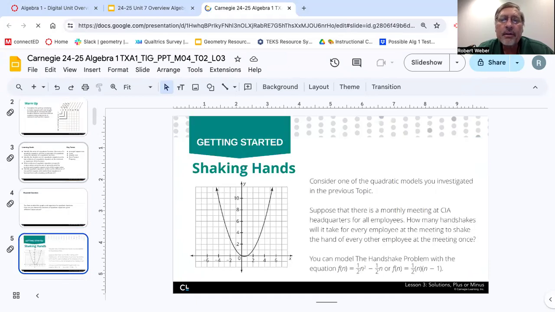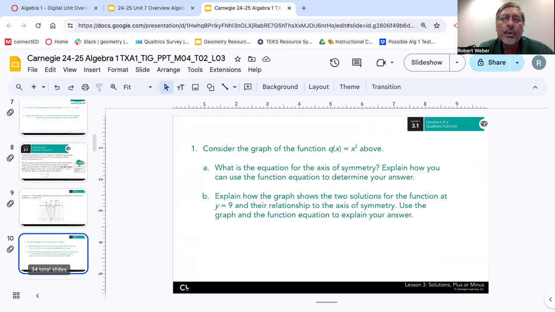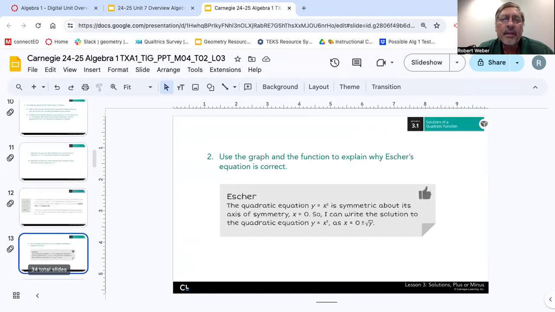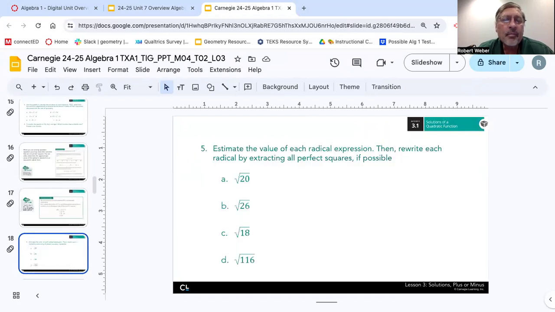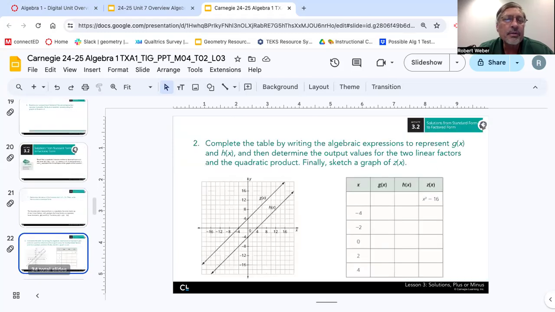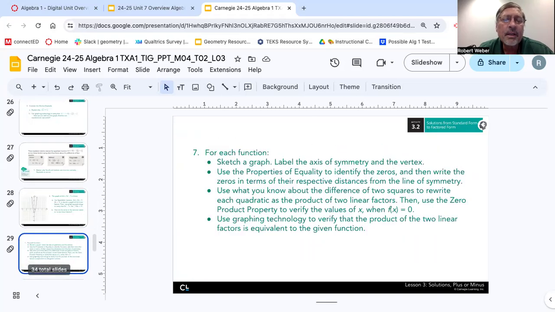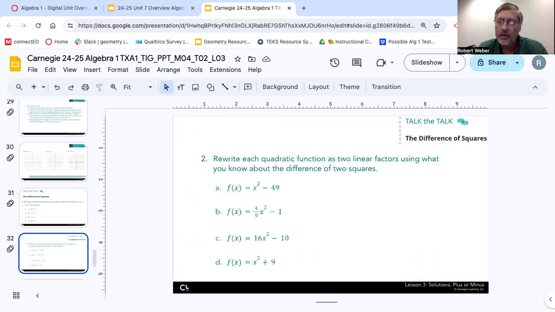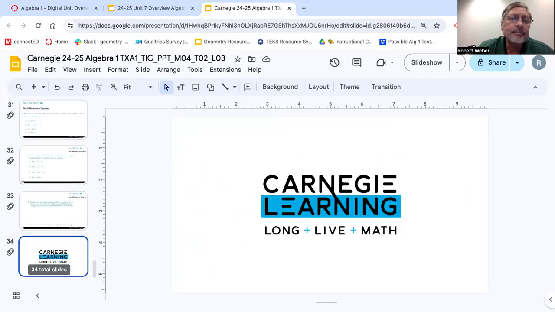And then it starts the content piece of it with a progression through and then has the kids practice at the end. So if you're looking for a slide deck that's pretty comprehensive, this will do the job for you. And maybe more so, but again, you can pick and choose what you cover. Don't feel like you have to do it all. So anyway, that's there for you.